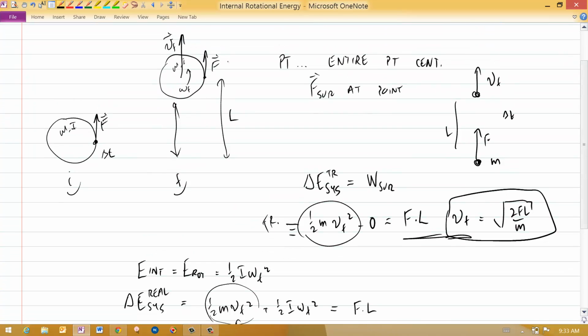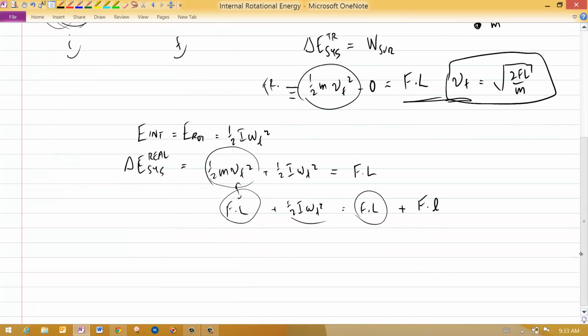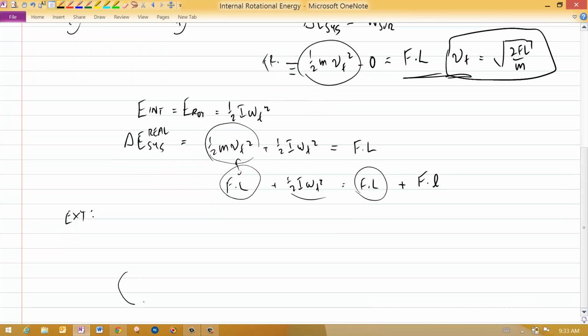How would you actually make this F act on the edge of a circle? You would do it by wrapping a thread around the edge of the disk. So here is what the extended system looks like. Here is my initial state. My thread is wrapped around there, and I pull it with a force F. In the final state, the disk is here, and the thread has extended a distance l, and I still have a force there.